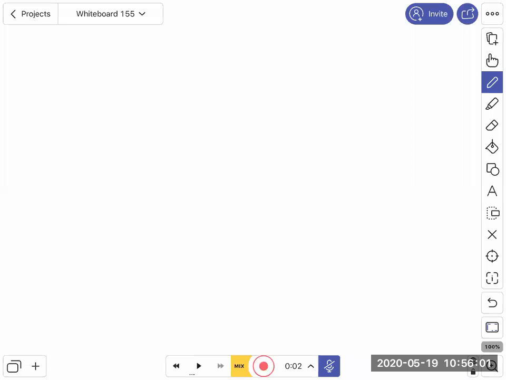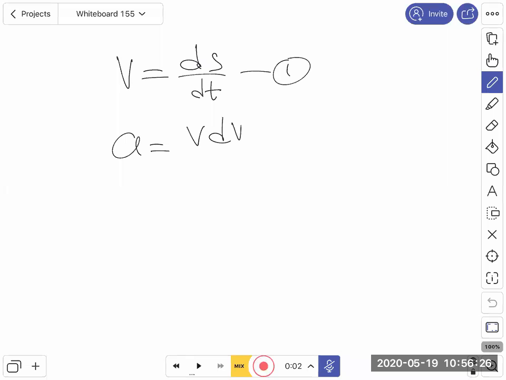Okay, so just remember that part. And also take care of the differential equations, like velocity can be written as nothing but ds divided by dt. That is the first differential equation, and the second one is a is equal to v dv divided by ds.